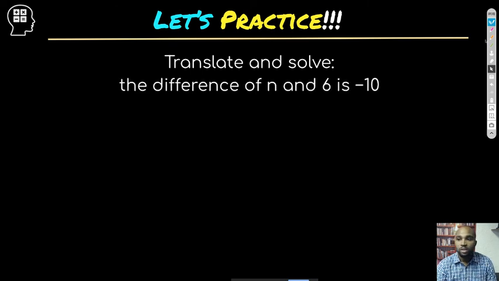All right, let's translate this one. The difference, what operation is that? Subtraction. The difference of n and 6. So the difference between n and 6. So those are the two things we're talking about, n and 6. The difference of these two, n minus 6, is, that's my equal sign, negative 10.